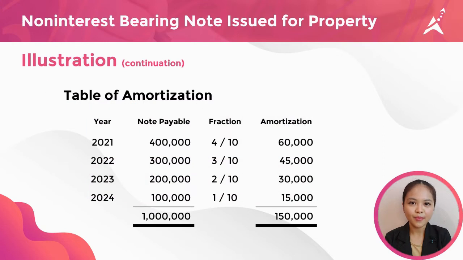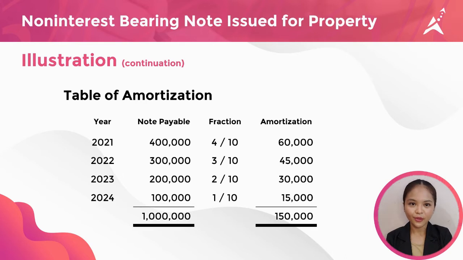Let's look at this table of amortization so that we can easily understand how we get the amount recorded earlier. First, the column for note payable represents the amount outstanding every year. The note was issued on January 1, 2021, and the first payment was made on December 31, 2021. Thus, for 2021, the note payable outstanding is 400,000 pesos.